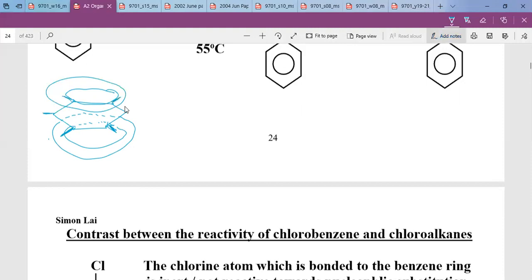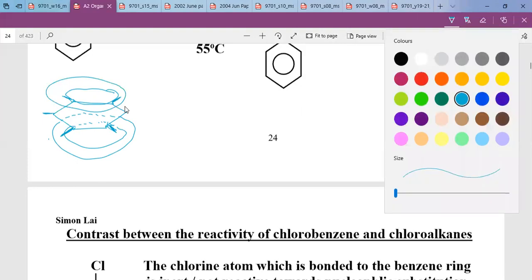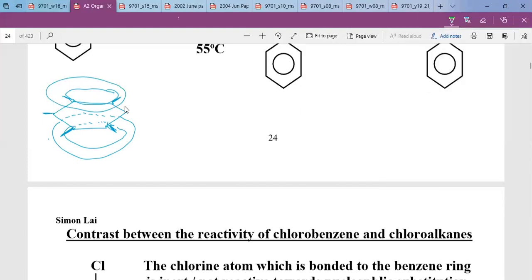I'm going to put different colors just to make it more fantastic. Hydrogen here, hydrogen here, hydrogen here, hydrogen here, hydrogen here. Now I'm going to draw here is your chlorine. All right, the bond here is chlorine, Cl. Chlorobenzene, right?